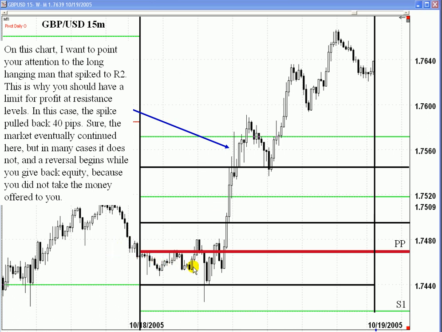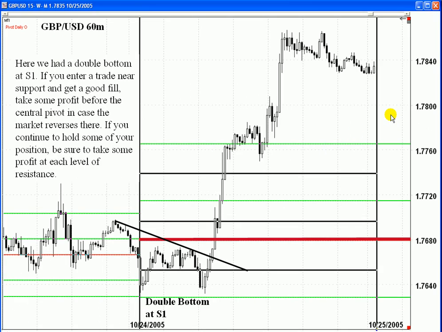Again, here we open in the buy zone, complemented by some nice candlestick formations, a nice hammer and a railroad track. Price proceeds up, and we want to take our profits before the resistance levels.